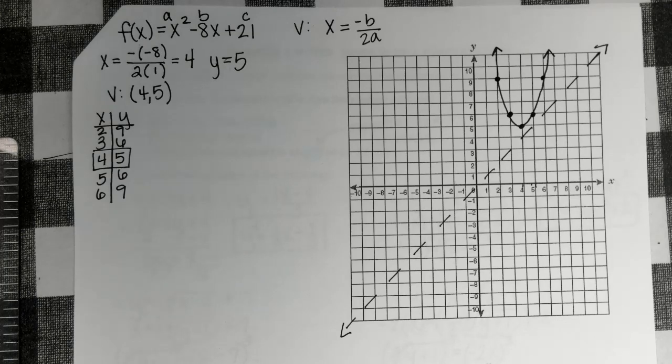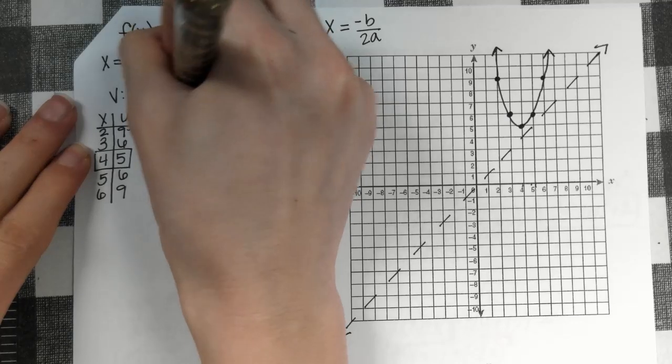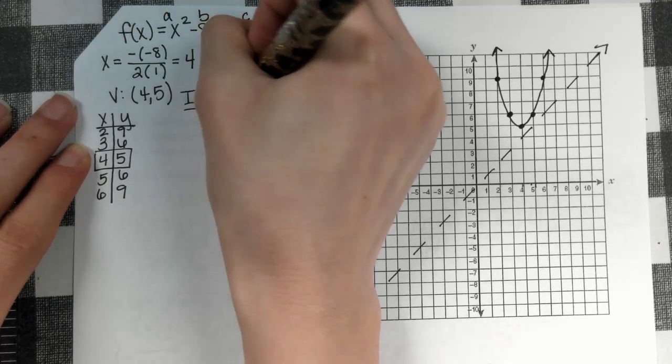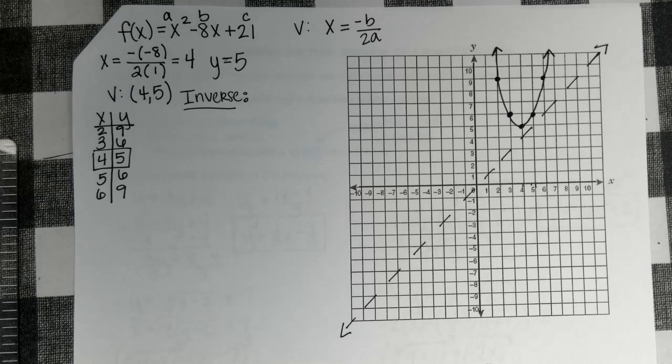Okay, now to do our inverse algebraically. This is something that a lot of people forget how to do. When you get to the test or the review or even the quiz, you see it and you don't recognize what to do because it's not practiced enough.